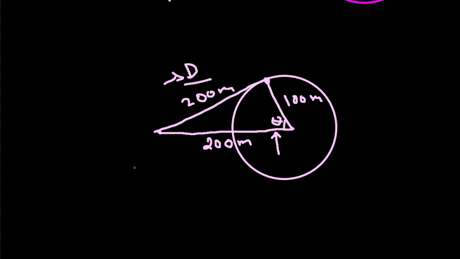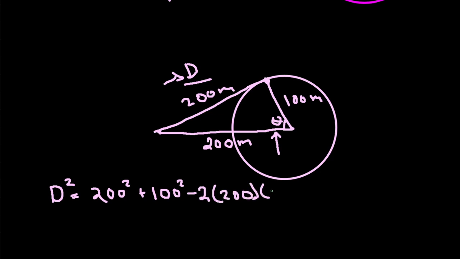So I would say the best equation to use here would be the law of cosines, which is going to be d squared is equal to 200 squared plus 100 squared minus 2 times 200 times 100 times the cosine of theta.